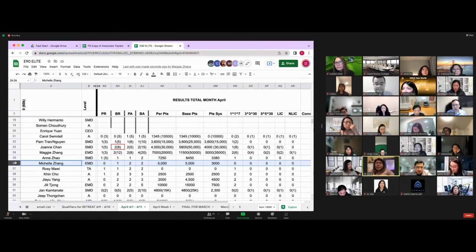Yes, my plan is for them to take the license in the next 2 to 3, I would say about 3 weeks. Okay. So far, she has 2 people in her team that are all doing PFS and coming to the training, and they'll also go do the licensing class.